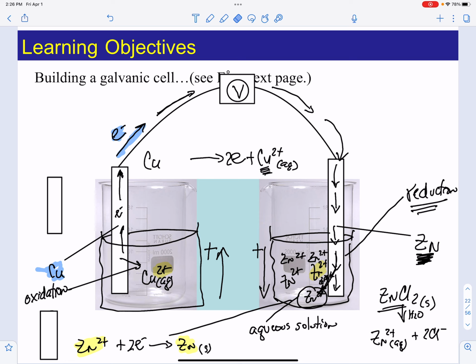So the way we're going to do that is by putting a connection here that goes from one beaker to the other, and we're going to put some type of salt that is soluble, and look what happens. I told you that on the left side, the positive character is increasing.